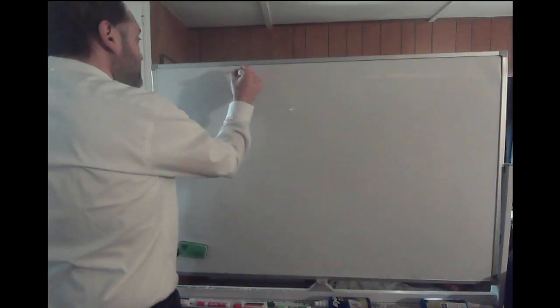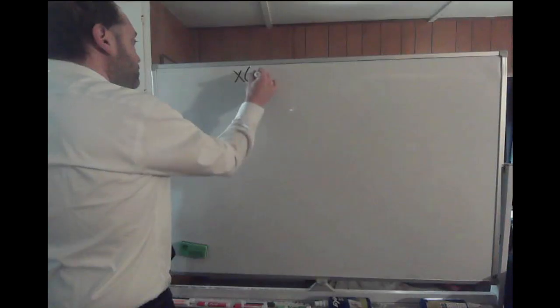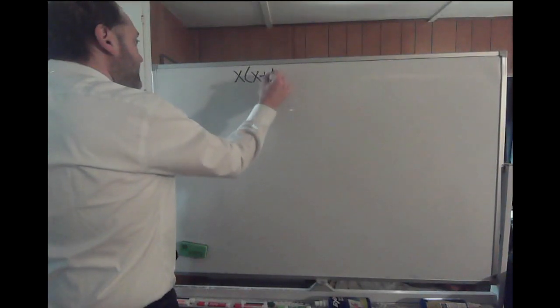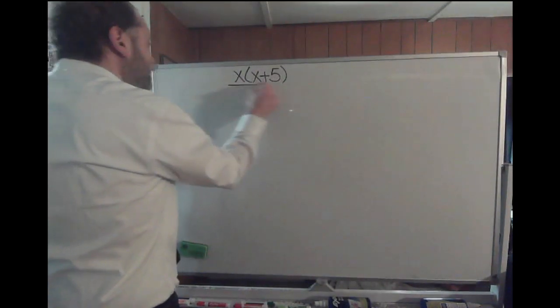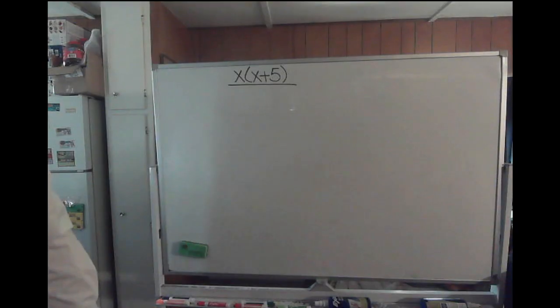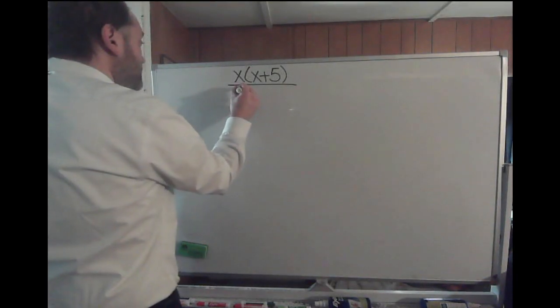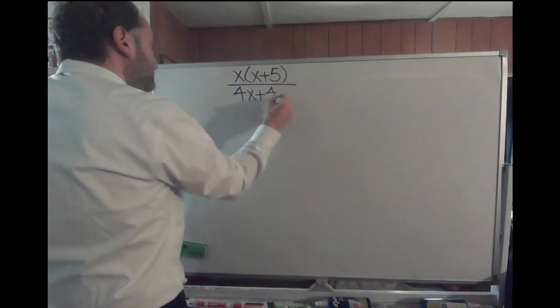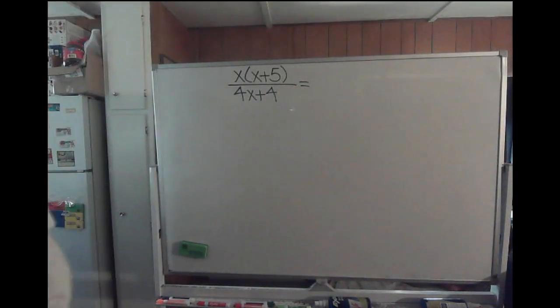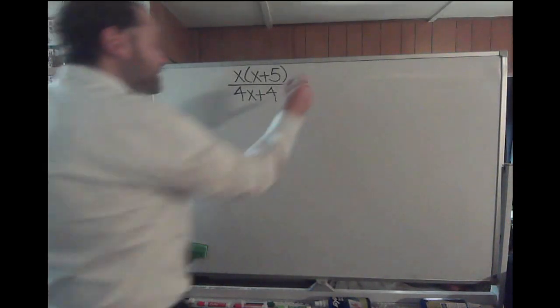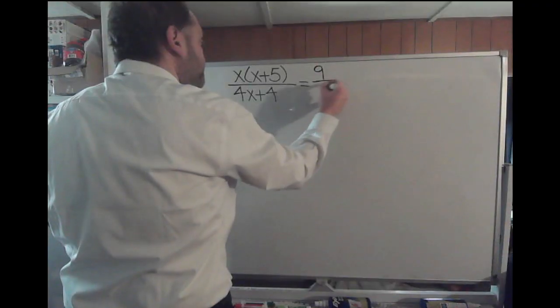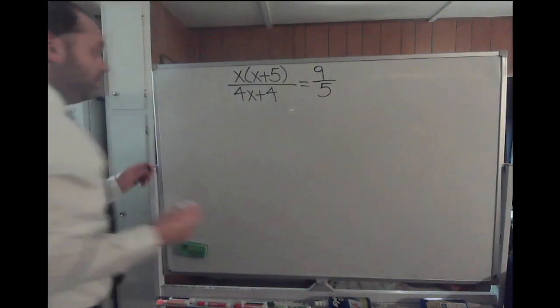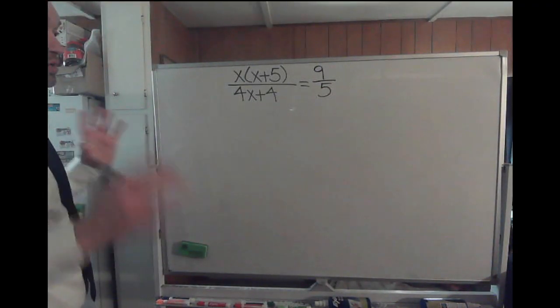Two more and we're done. We have x times the quantity of x plus 5 all over 4x plus 4 set equal to 9/5. Okay, well, good news here.